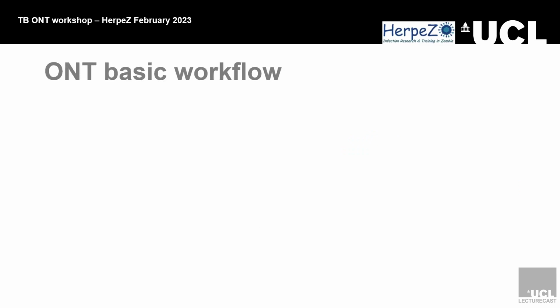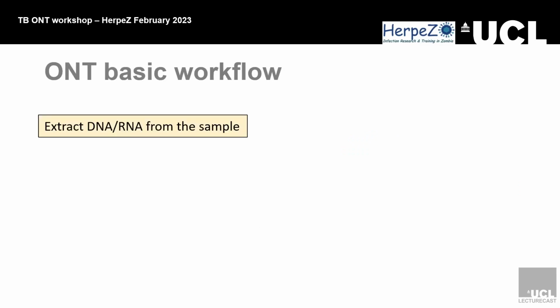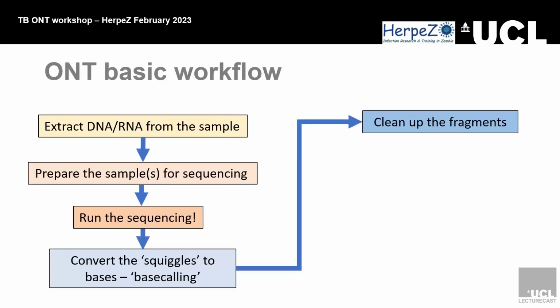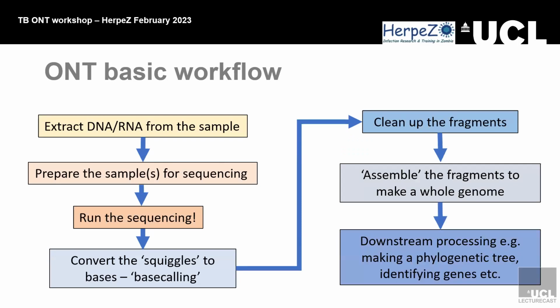Okay, so this is the basic workflow. You extract your DNA or RNA from the sample. You prepare your samples for sequencing. Because we're using TB, we got it from culture, so we're just extracting the DNA from there and then going straight through.